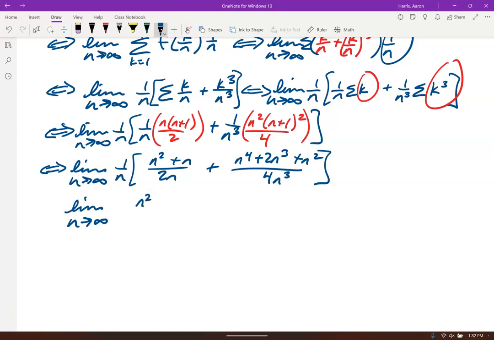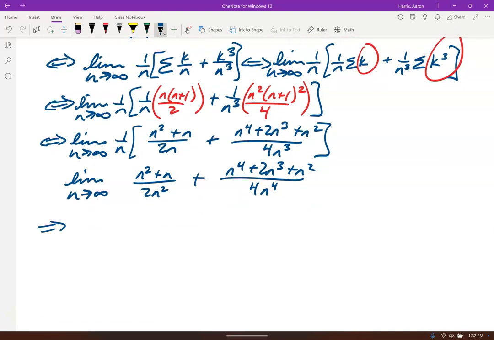So I have n squared plus n all over 2n squared, all over 4n to the 4th. And so we've got n squared over 2n squared plus n over 2n squared plus n to the fourth over 4n to the fourth.